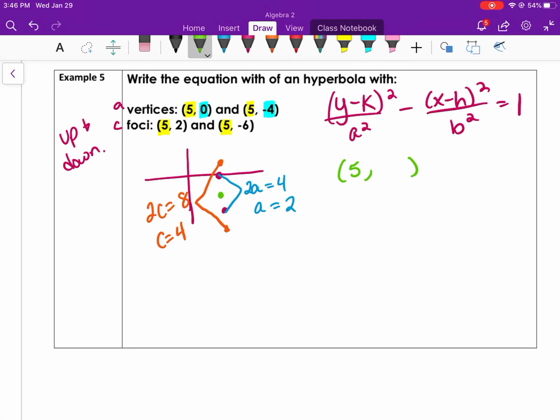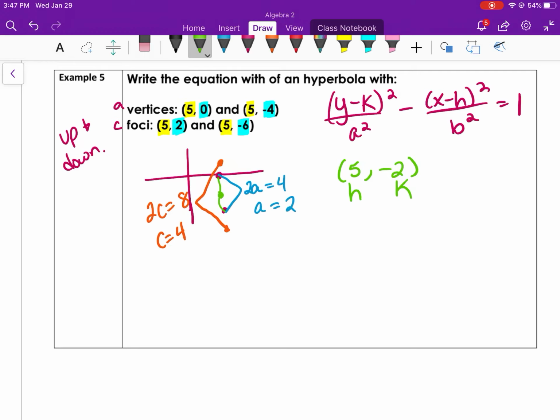Negative 4 divided by 2 is negative 2. Or you could use your focus. 2 plus negative 6 is negative 4. Negative 4 divided by 2 is negative 2. Or you can use your picture. Halfway between these two is the point 5, negative 2. So lots of different ways to find your center.